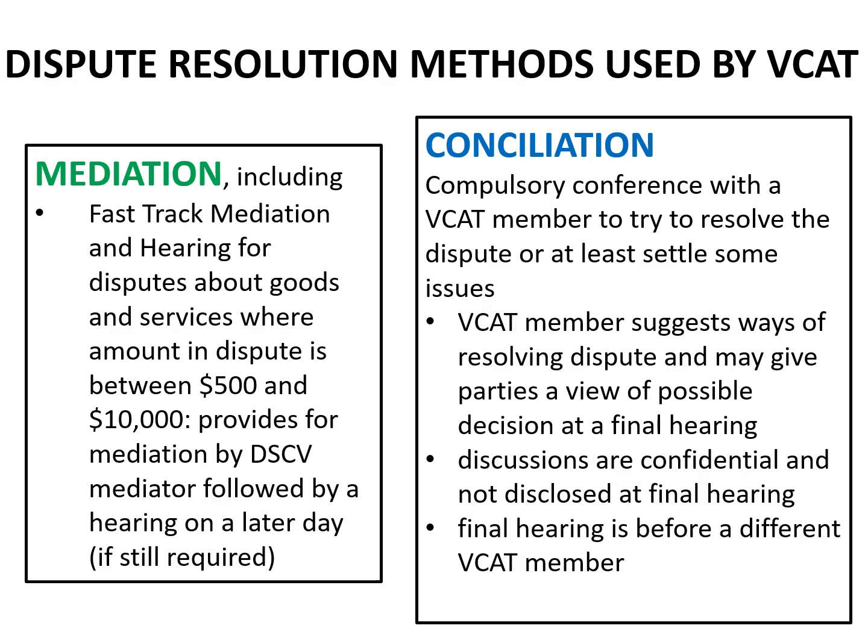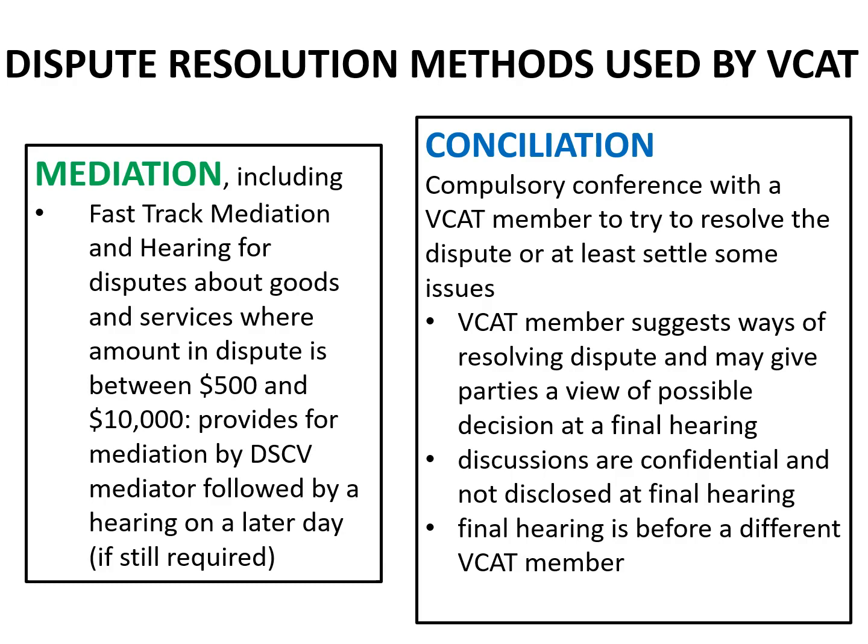Any discussions or negotiations during the compulsory conference are confidential and must not be disclosed at a final hearing if the conciliation is unsuccessful. If a final hearing is necessary because the parties can't agree a resolution of their dispute at the compulsory conference, then a different VCAT member, that is, not the VCAT member who acted as the conciliator, will decide the dispute at the final hearing.